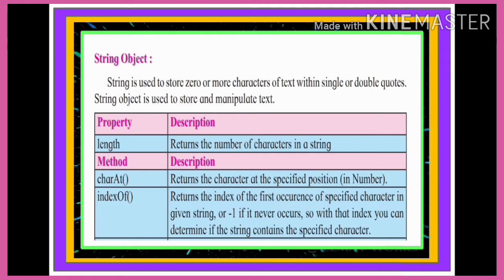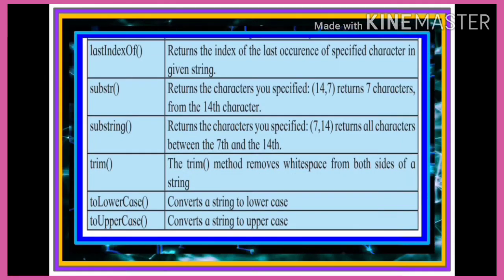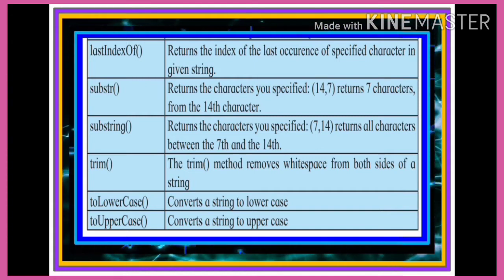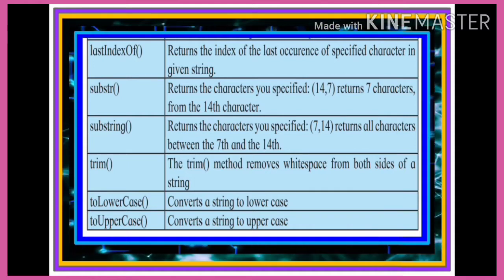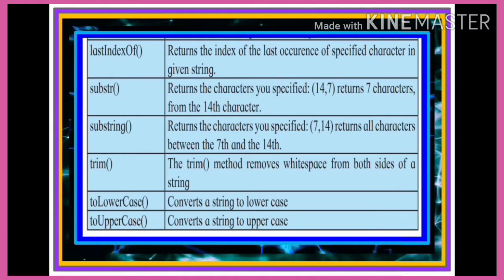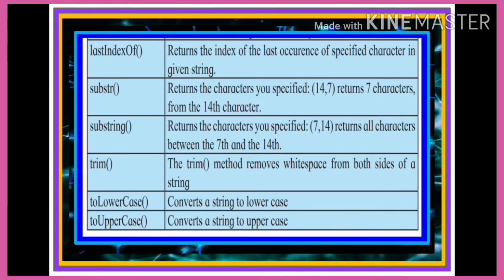Here you have to enter the character and it returns the index number of that character. Next method is lastIndexOf, where O is capital. lastIndexOf method returns the index of the last occurrence of specified character in a given string. So it is useful to display last occurrence of a specified character.